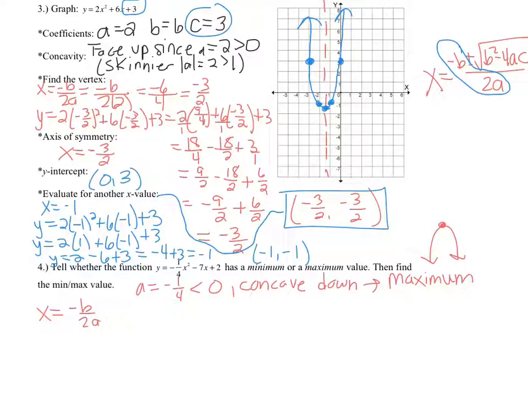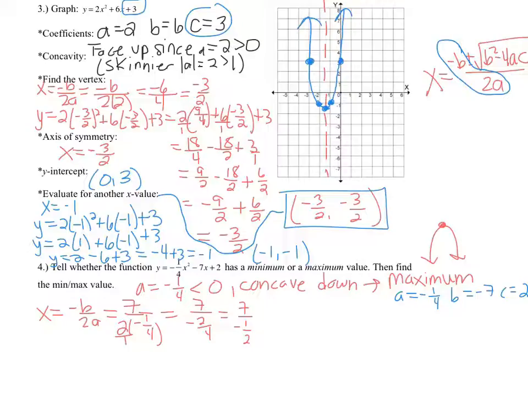So remember that a was -1/4, b was -7, and c was 2. So the opposite of b, well, b is -7, so the opposite of that is +7, over 2 times the a value of -1/4. Okay, remember 2 is 2 over 1, so 2 times -1/4 will be -2/4, which reduces to -1/2.